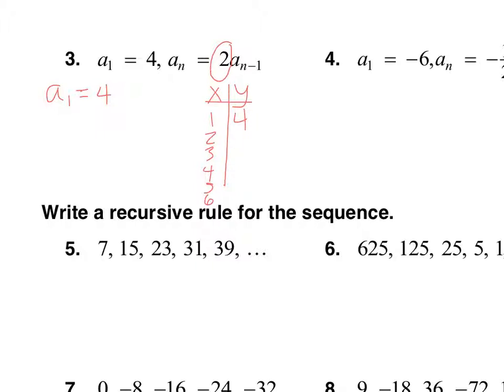So 4 times 2 is 8, times 2 is 16, times 2 is 32, times 2 is 64, times 2 is 128. So the recursive rule just showed me how to get it started, and I just followed it from there.